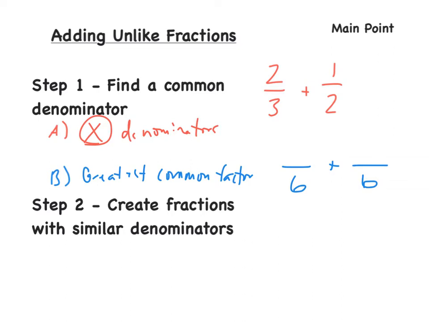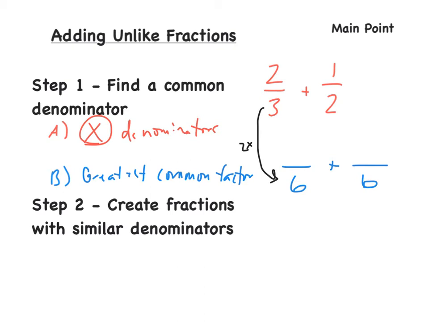Step 2, create fractions with similar denominators. Now, we have to find an equivalent fraction of 2/3 that has 6 in the denominator. So think of it like this. How many times does 3 go into 6? To go from 3 to 6, you have to multiply it by 2.